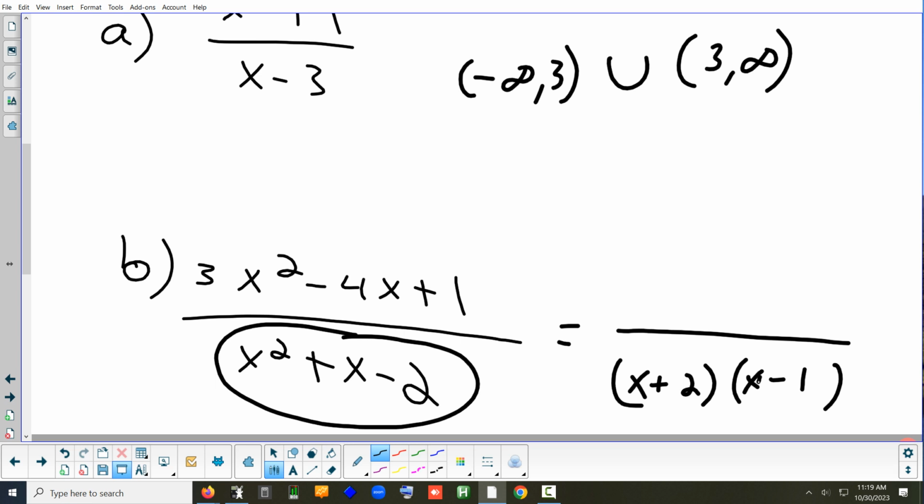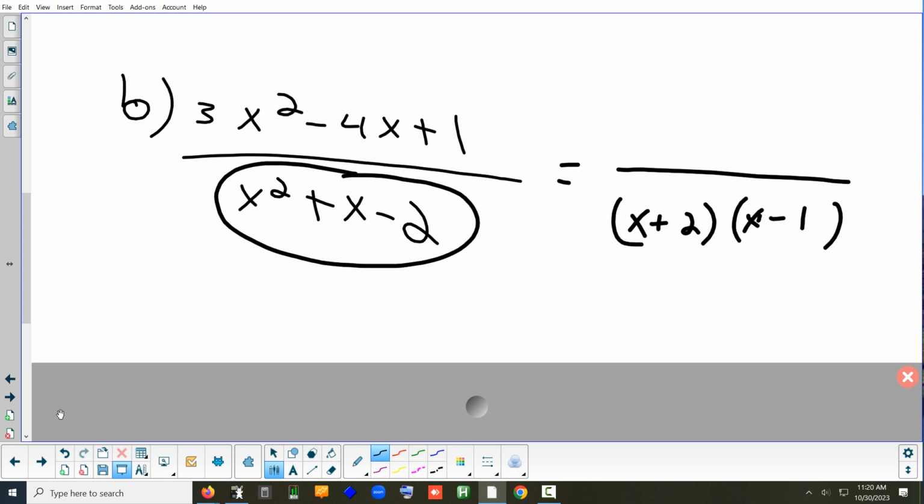Right, now we can see the two numbers that we're not allowed to use in the domain. So the domain is all reals except, what are the two numbers we cannot use? -2 and +1.